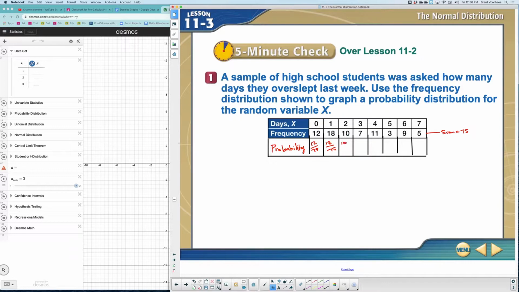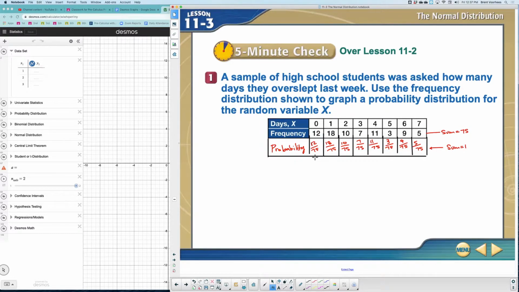And if we just went down, hopefully it did in fact equal 75. 30, 40, that would be 47. That would be 58. This would give us 61 again. If you were calculating the sum, 9 gives us 70, and 5 more gives us 75. Okay, so if we've done this right, the sum of the probabilities should equal 1.